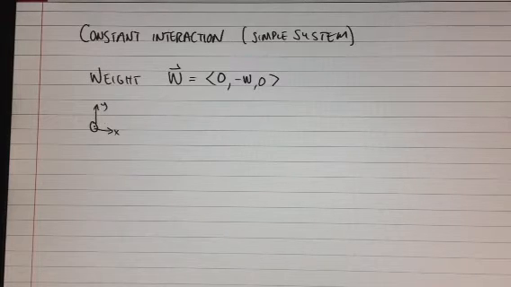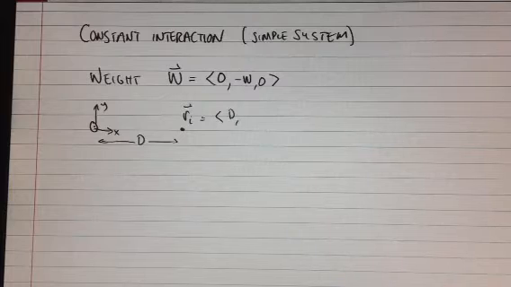So there's my origin. Let's suppose that I start an object right here, so that the initial position of the object is d in the x direction, 0 in the y direction, and 0 in the z direction. There's the initial spot for the object. The final spot is after it has been interacted with by this weight interaction.